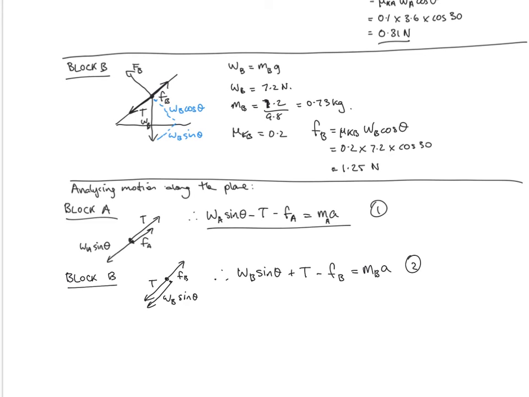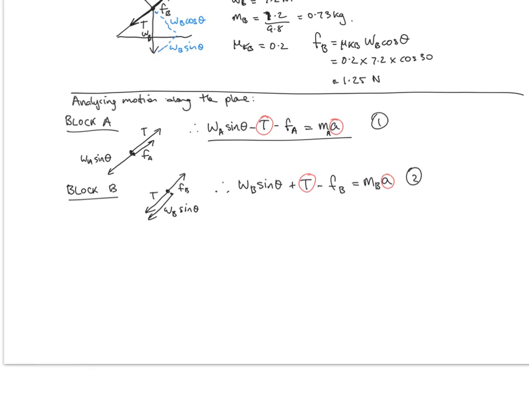So now what we have is two equations with our unknowns A and T inside them. So we have to be able to eliminate one of these guys, T or A, to be able to solve this. So we've got two equations, two unknowns.